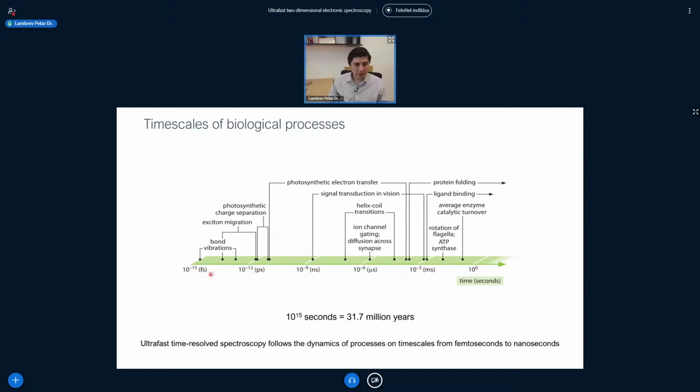Femtoseconds are very short periods of time. So in ultrafast spectroscopy, usually we are interested in processes that occur on timescales from femtoseconds through picoseconds to nanoseconds.